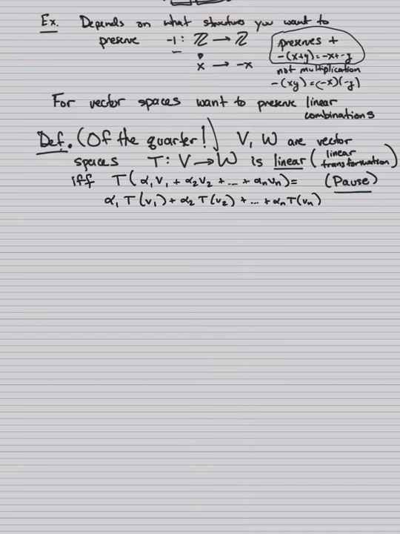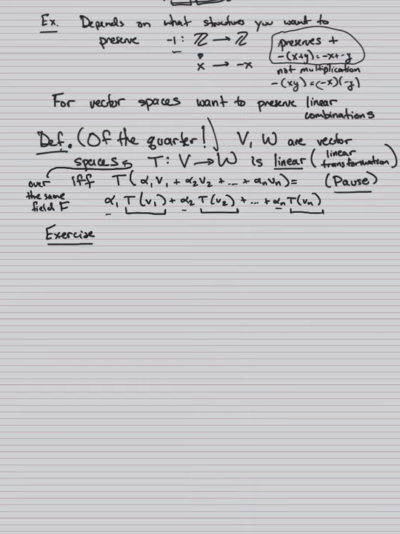Okay, so maybe I should have said, certainly, this doesn't make sense if they're vector spaces over different fields. So over the same field, okay, so then these are all elements of W. I can take scalar multiples, so I get an element of W. Okay, so here I'm going to leave this as an exercise.